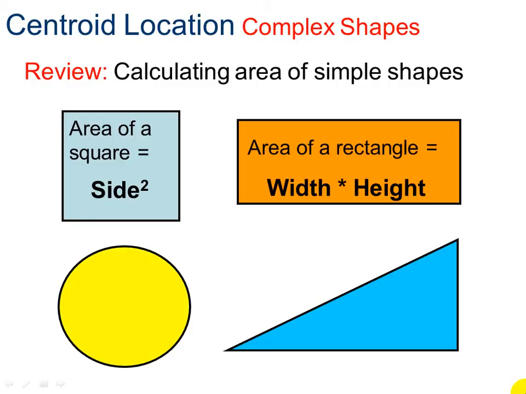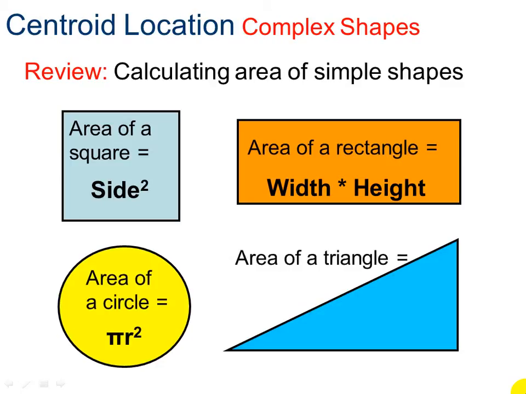For the area of a circle, we have pi r squared. And for the area of the triangle, it is the base times the height, and we're going to divide it by 2 because it's half of a rectangle. So take a second and write these down. If you do not remember these from geometry, we're going to need them here in just a minute.